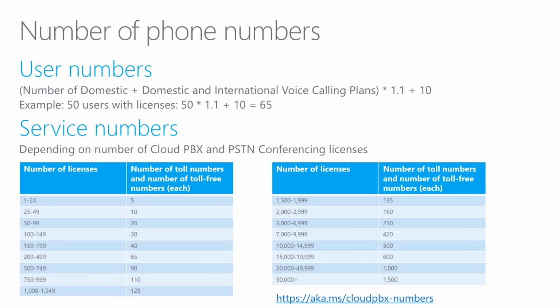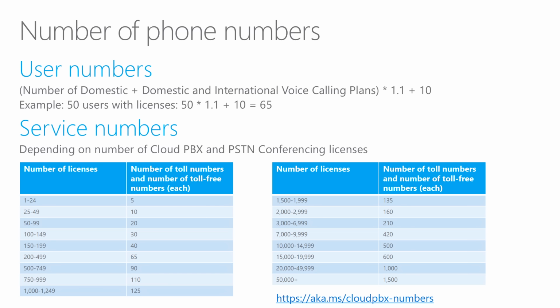So let's assume that you have 50 licenses for domestic calling or domestic and international calling. That means you have 50 times 1.1 plus 10. So you will end up with 65 phone numbers that you can reserve through the system, which means that in this example, you would have a headroom of 15 phone numbers that you don't need to assign to any user at this point in time.